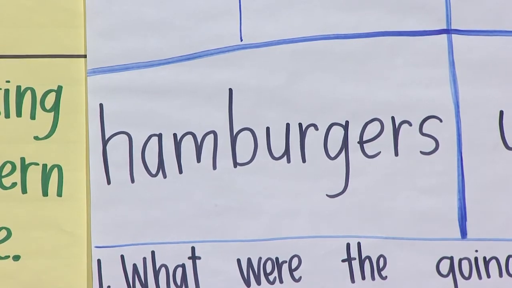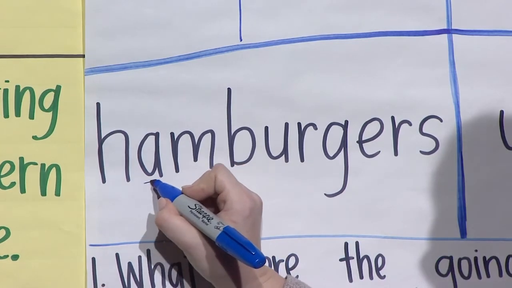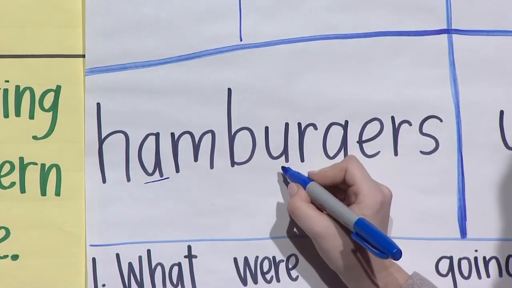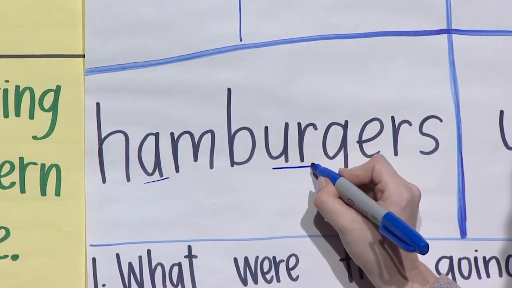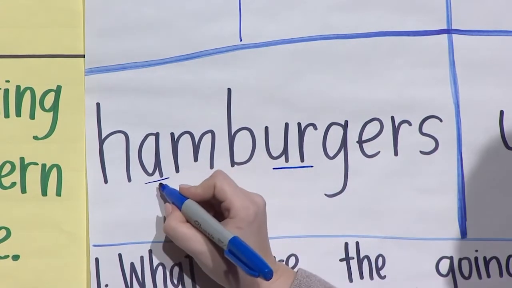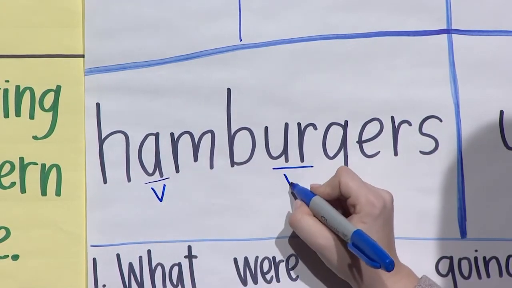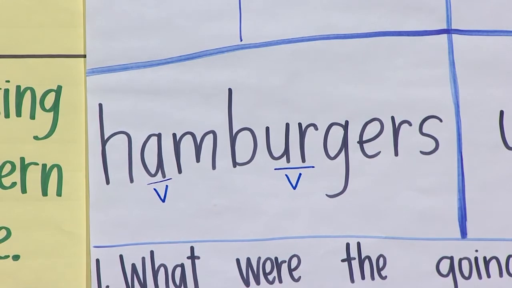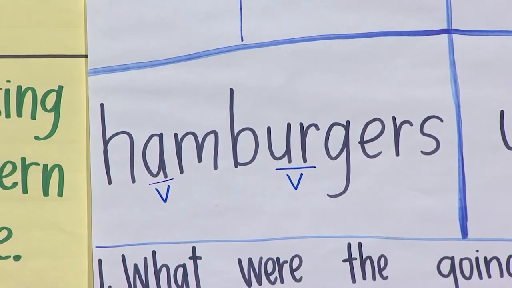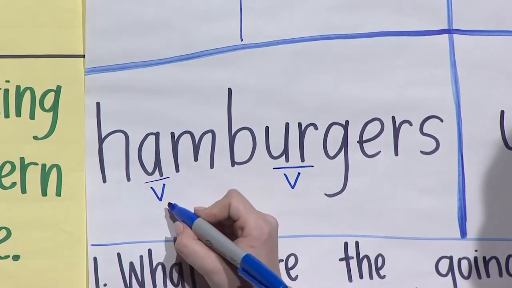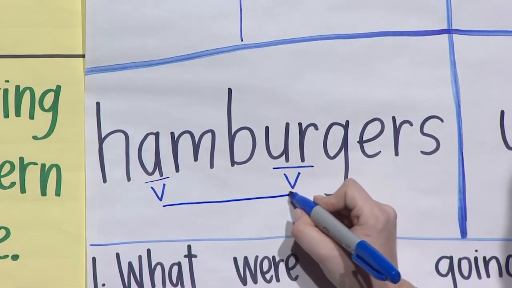Label the first two vowels we see. So I see vowel A and then our R-controlled U-R. We'll label those with a V. What's the next thing I need to do? That's right. Draw a bridge connecting my vowels.